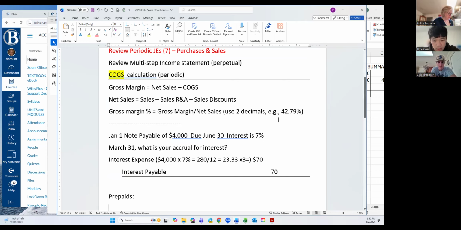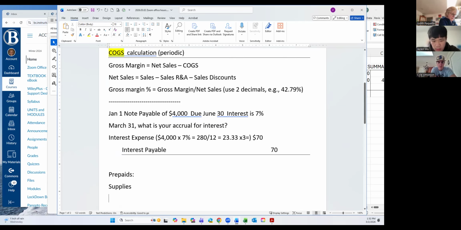So the first example is the supplies one. Second example is prepaid insurance. The same idea is used for prepaid rent, but we don't say there's 8 adjusting journal entries because those two are kind of the same.